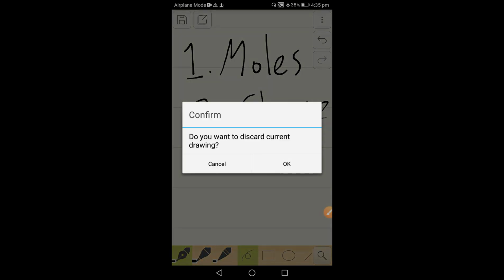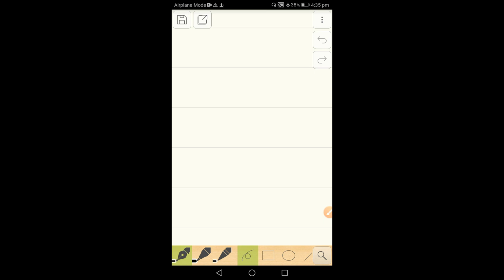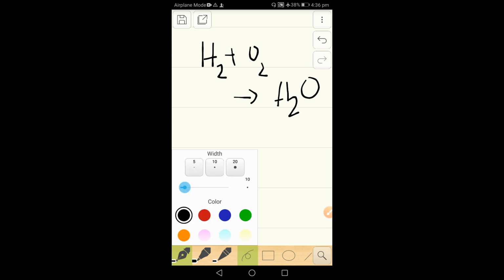Okay, let's see. So let's start with a pretty easy reaction, for example, hydrogen plus oxygen. This will give you H2O. Now what you have to do is put letters beside it.